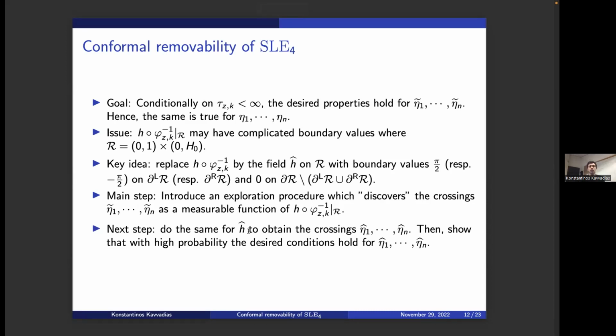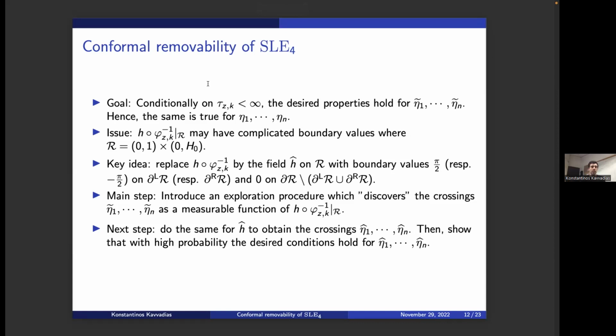And of course, do the same for the field h hat to obtain the corresponding crossings eta j hat. Then we show that with high probability, the desired conditions hold for the crossings eta j hat in the rectangle. Then by comparing these two fields, the original field and the field h hat, we show that this also holds with high probability for the crossings eta j tilde of the original field.